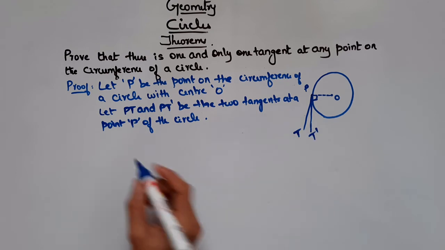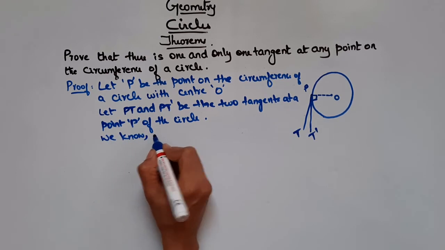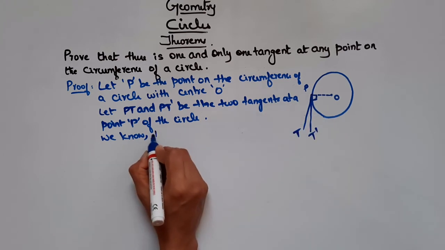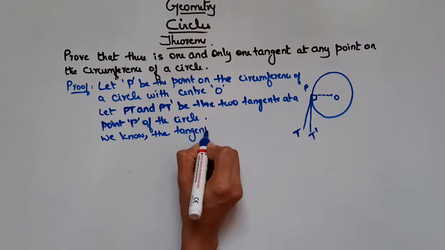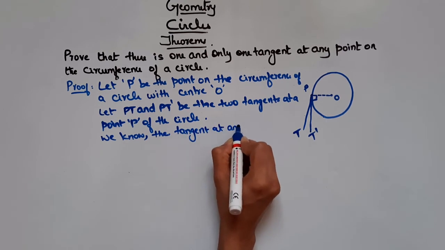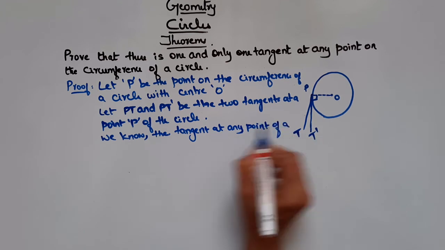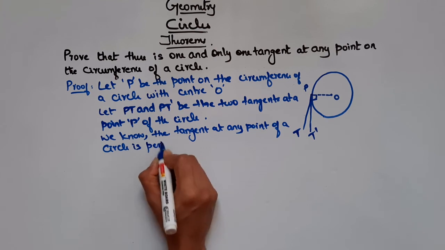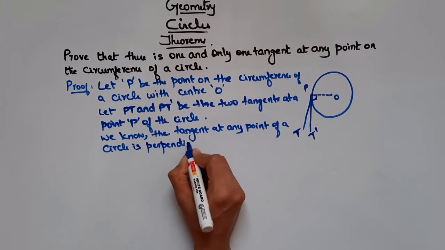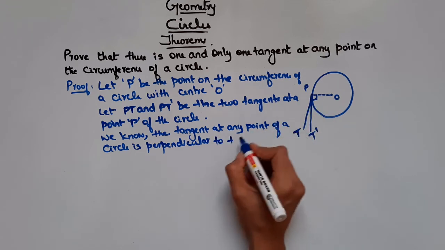So first let's write that in words. We know the tangent at any point of a circle is perpendicular to the radius through the point of contact.